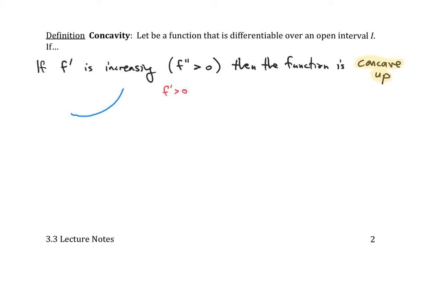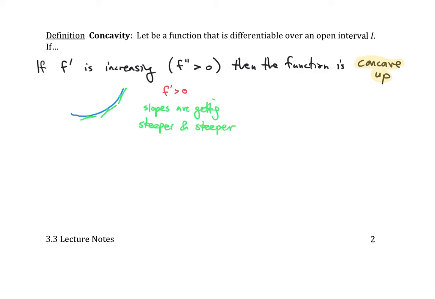But when I look at the slopes of the tangent lines, you have one slope that looks like this, we'll have one slope that looks like this, we'll have one slope that looks like this. So when I look at this, the slopes are getting steeper and steeper.